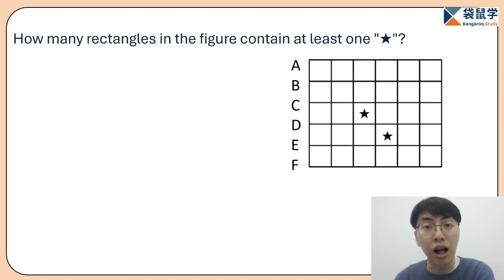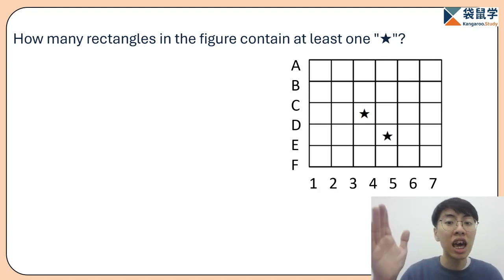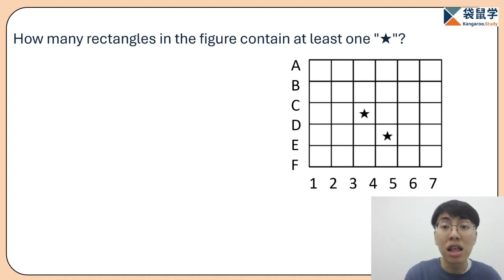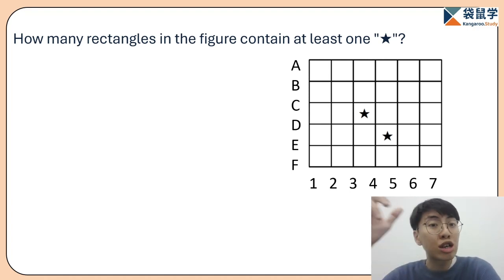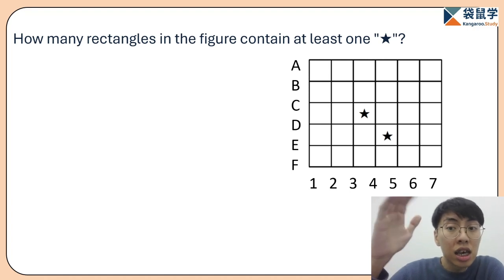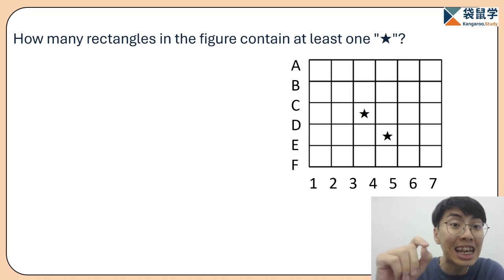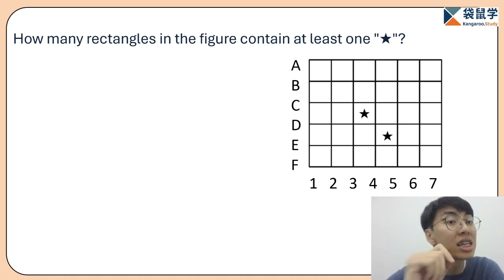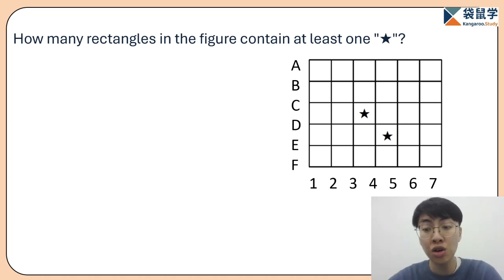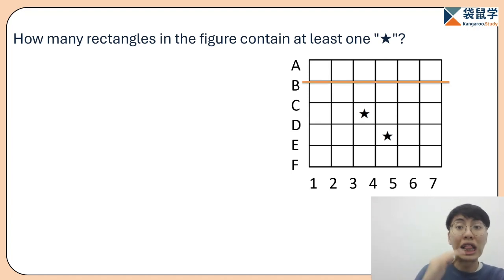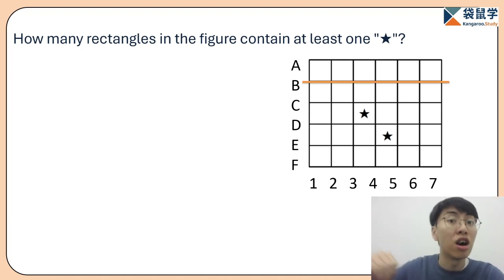to make it simple, I label those lines A to F and the vertical lines 1 to 7. How do I make sure that these lines can make sure I get a rectangle that contains at least the X star? Well, I can draw a line here. A line at line B over here.